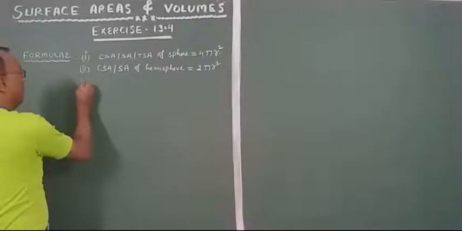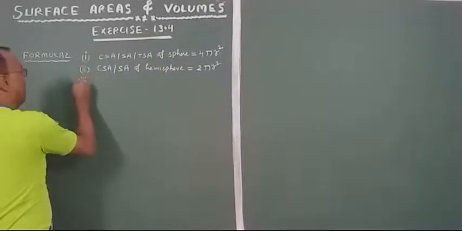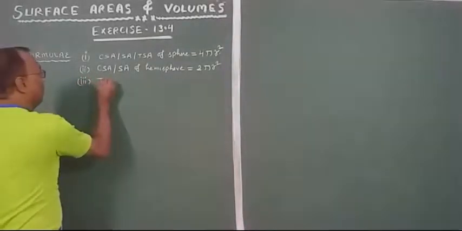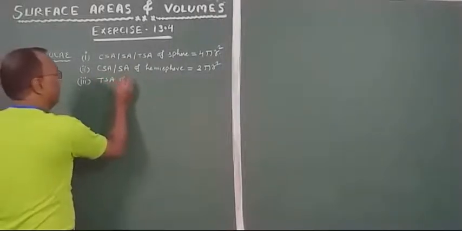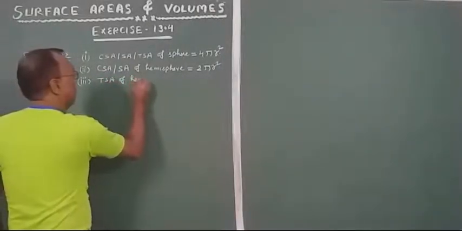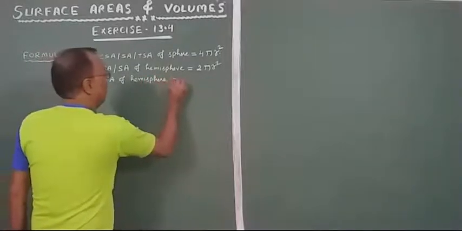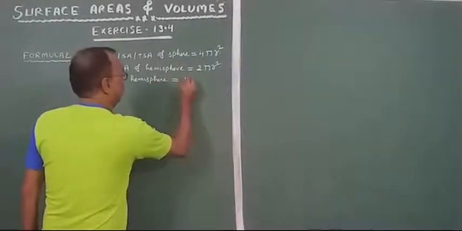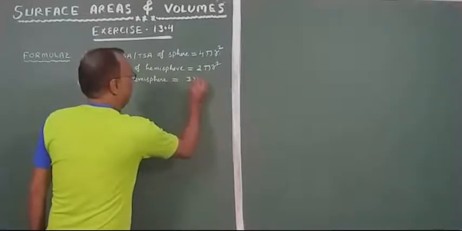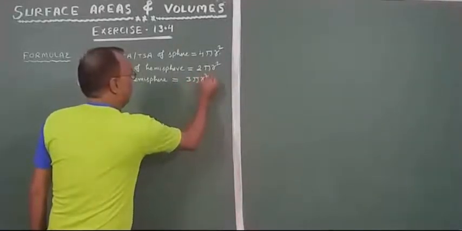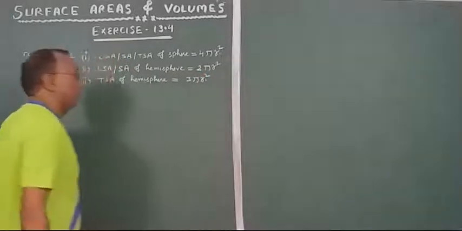And the third formula is the total surface area of hemisphere, that is 3 pi r square.